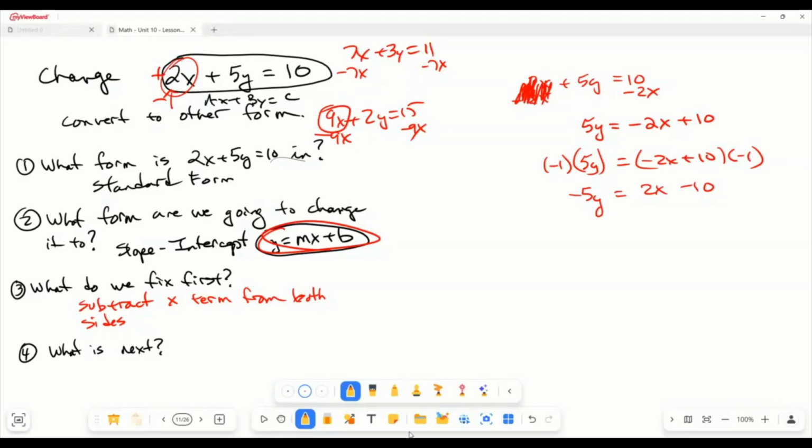So that didn't help me. Do we divide 5y and bring it over to negative 2x plus 10? There we go. Yes. Let's see how this is going to let me do this.